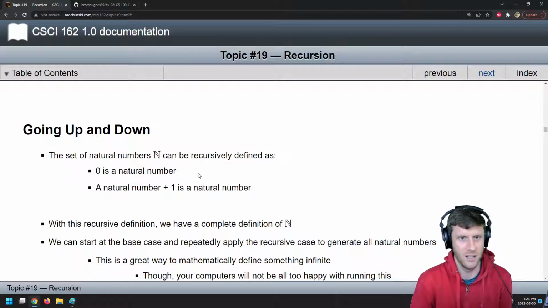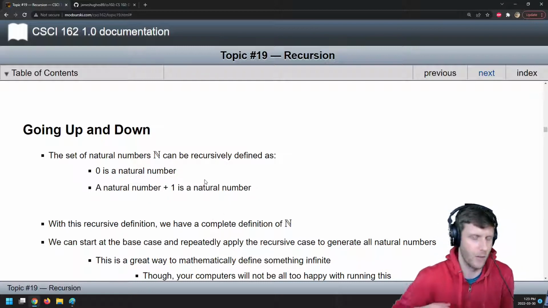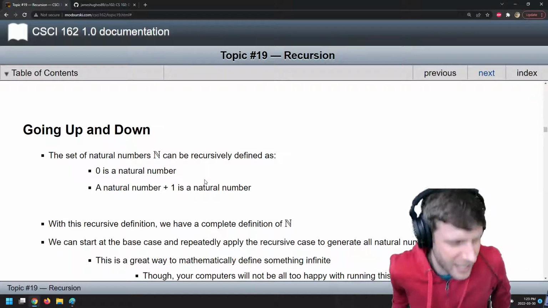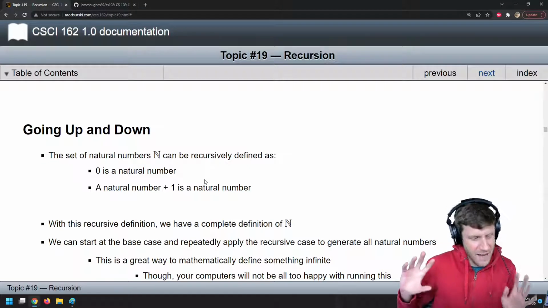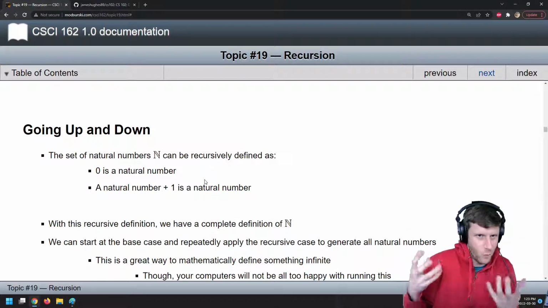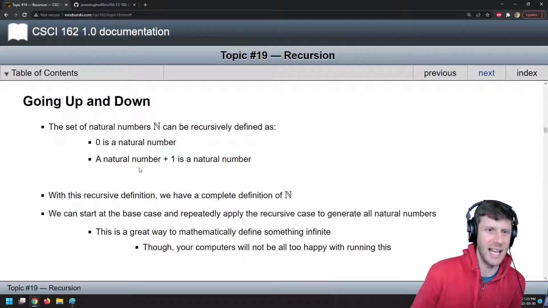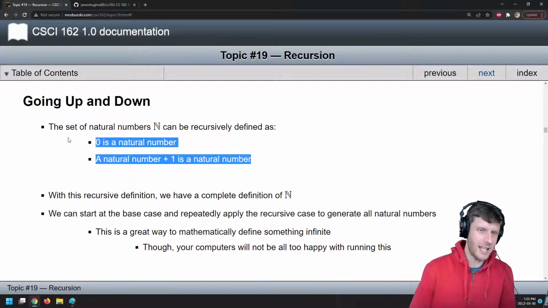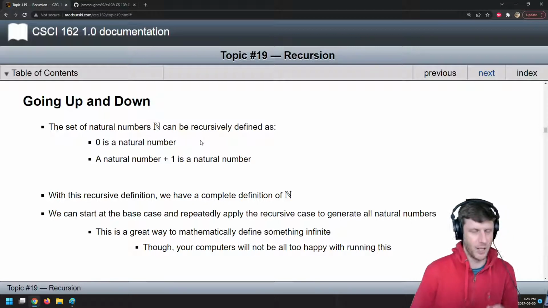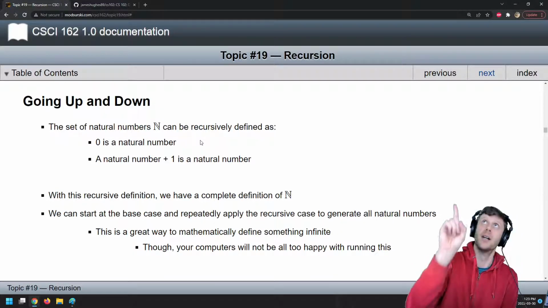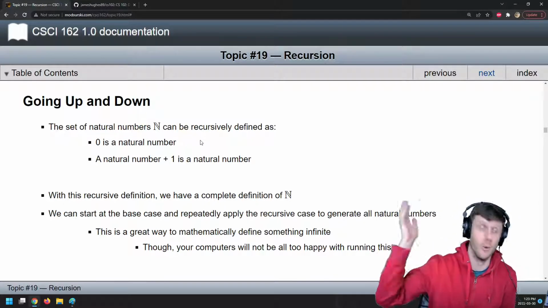Because, okay, 0, and then 1, and then 2, and then 3, and it'll go on for infinity. But that's okay because infinity is a part of what natural numbers are. So it's kind of neat that the base case is 0 is a natural number, and then we're working up from there to just grow.